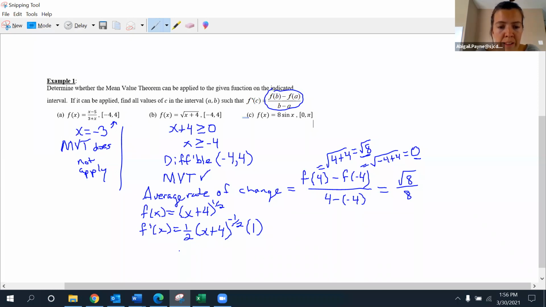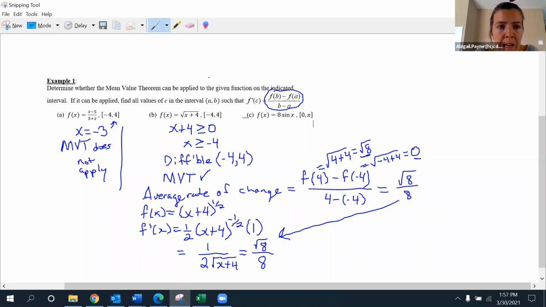And so I could rewrite this as 1 over 2 times the square root of x plus 4, which goes in the denominator because of that -1/2 power. So here's the derivative. This gives you the instantaneous rate of change. We can now set it equal to the average rate of change and solve for x.